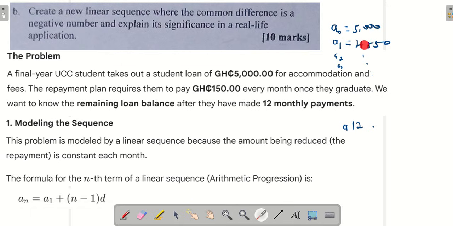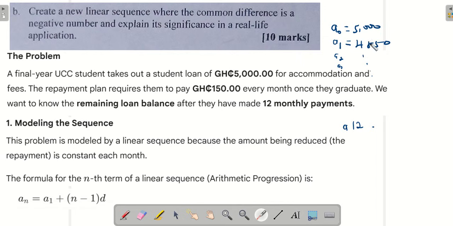Your starting amount was this, and at the end, you had this. So this A1 becomes the end of year 1. Then we move on. Remember that we are going up to year 12. So the end of year 12 is going to be A12. When you start from the end of year 1, then end of year 2, end of year 3, then this becomes the end of year 12.